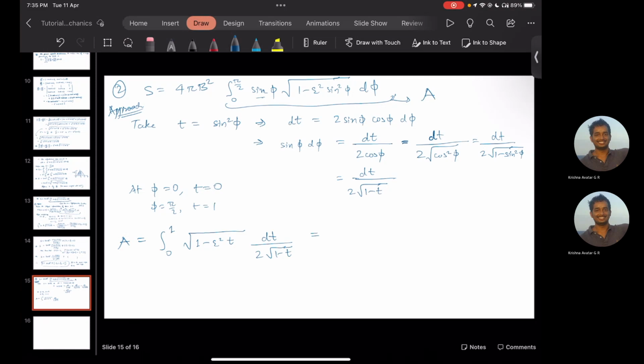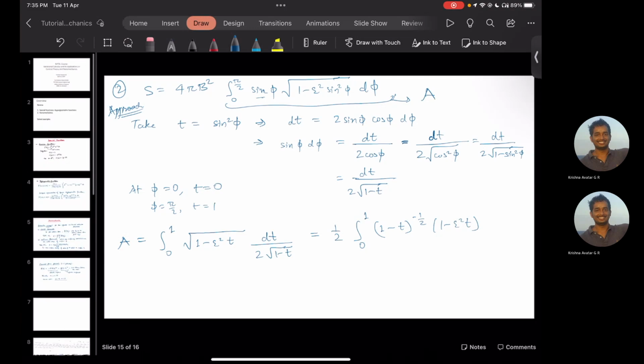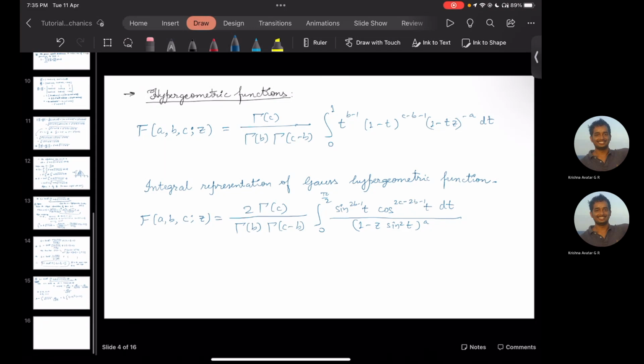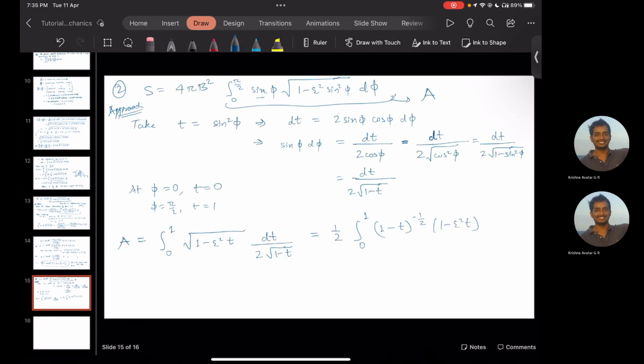And this implies that this is equal to, let's take out 1/2, and then we have 0 to 1, 1 minus t to the power minus half, and then 1 minus epsilon squared t to the power half, dt.